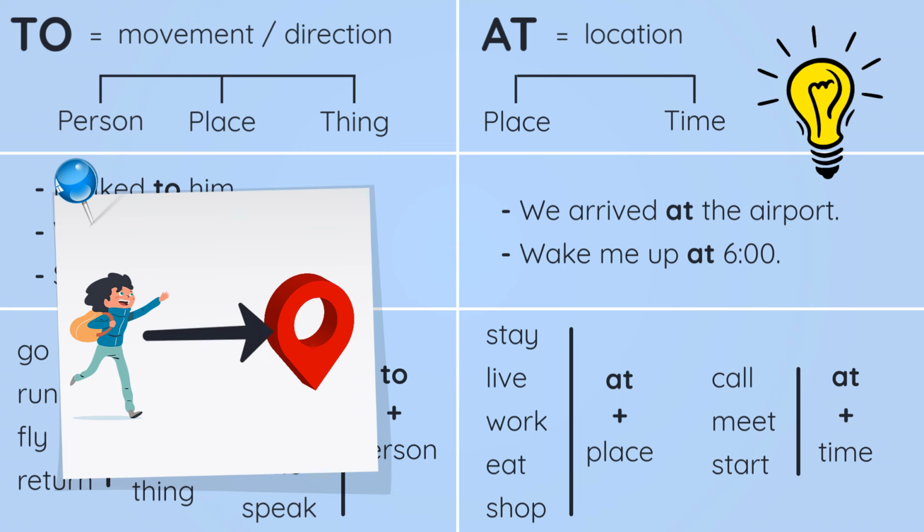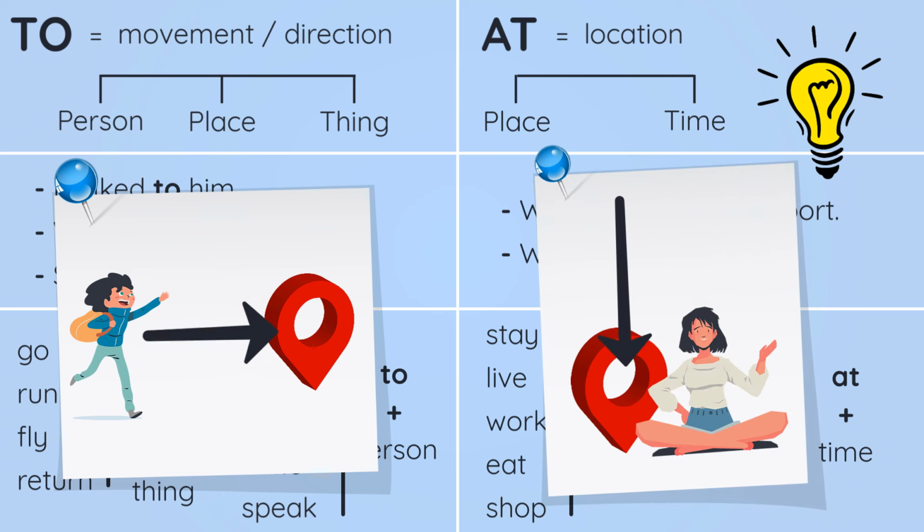So, to is movement or direction, and at suggests a location in place or time. So, to something, but at somewhere. Do you see the difference? To, there's movement. At, you've already arrived.